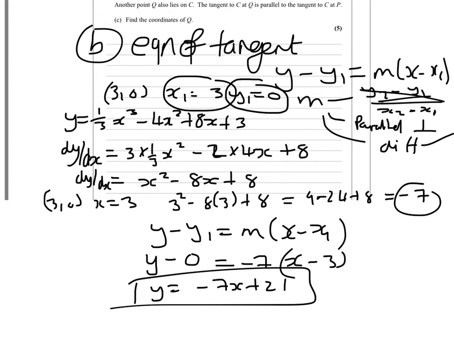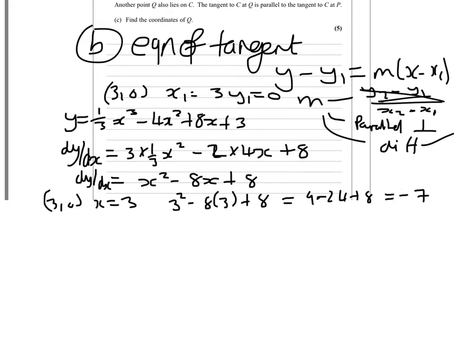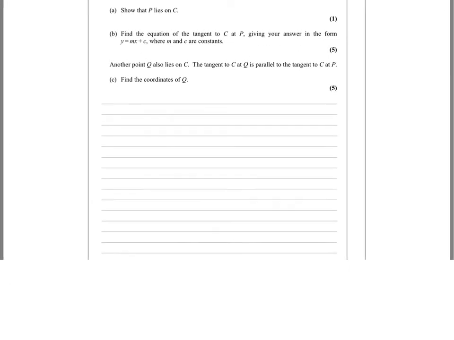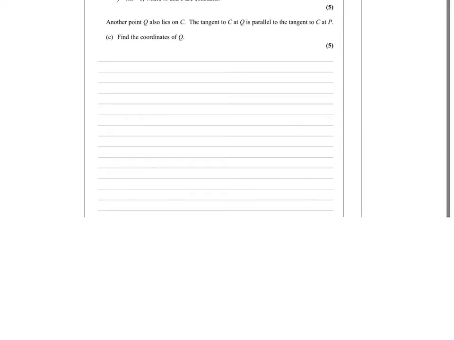So moving on to part C. It tells us we have a point Q that lies on C, so we're still going to be using the top equation. The tangent to C at Q is parallel to the tangent at P, so there's the key word.